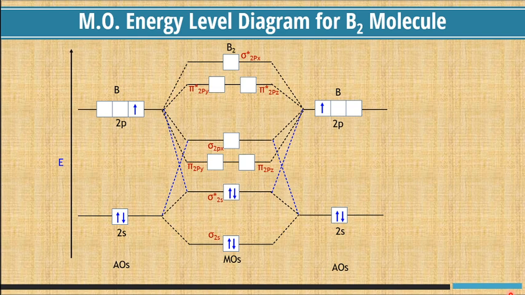The one electron from the 2p orbital of boron 1 occupies the pi 2py orbital and the other electron occupies the pi 2pz molecular orbital. Thus, in the B2 molecule there are 4 bonding electrons in the bonding molecular orbitals and 2 electrons in the antibonding molecular orbitals.